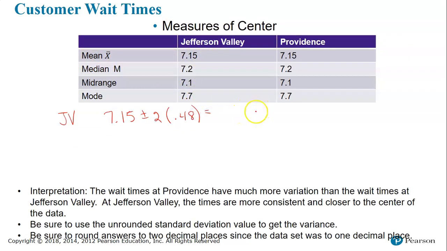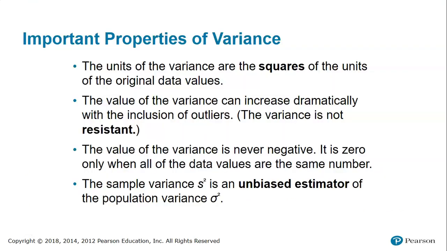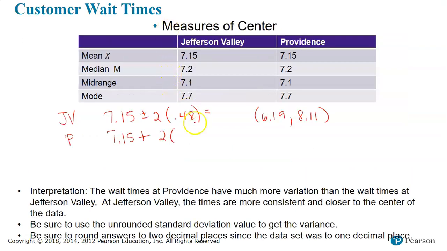So we're going to get a range on that one of 6.19 to 8.11. For Providence, we're going to have 7.15 plus or minus 2 times our standard deviation there, which is 1.82. So we're going to end up with 3.51 to 10.79.